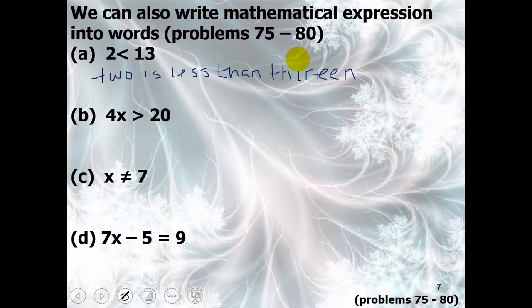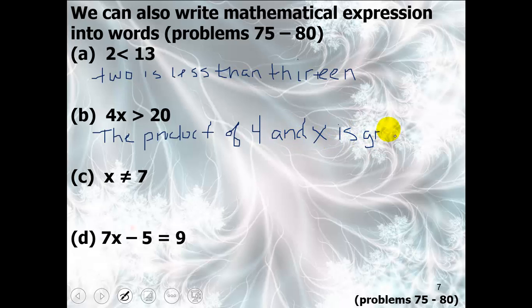One way to do example B is the product of 4 and x is greater than 20. Why don't you try and do C and D on your own, hit the pause button, and hit play when you're done.